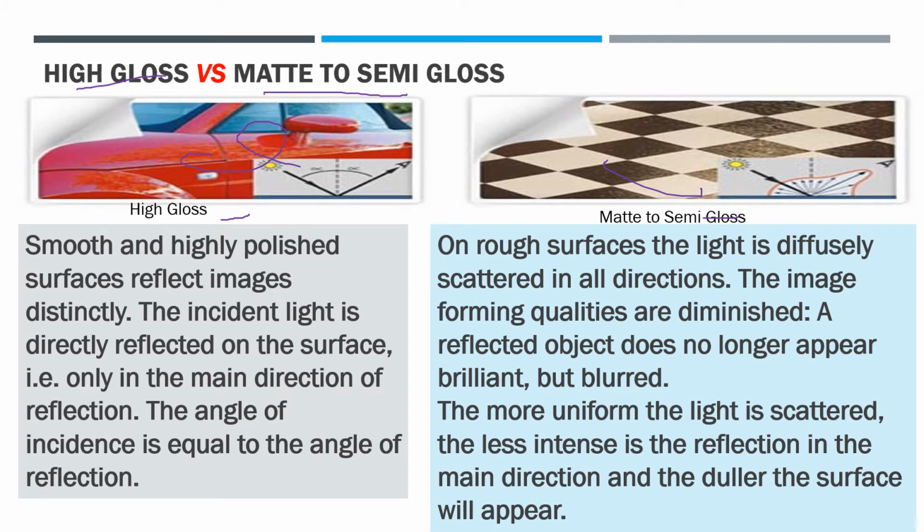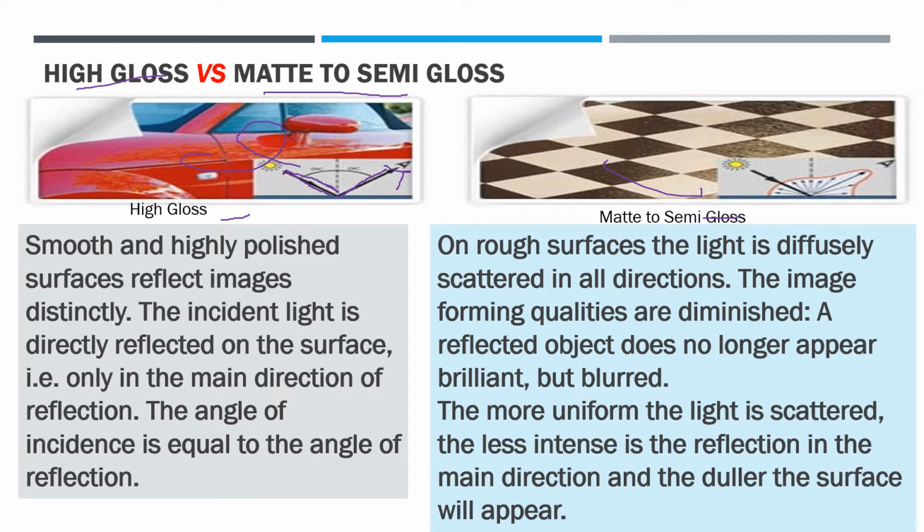Actually in this figure you can see, in a high gloss the light is coming at the surface, and the full amount of light is reflecting from the substrate, means there is no scattering of light, so it's called specular light.